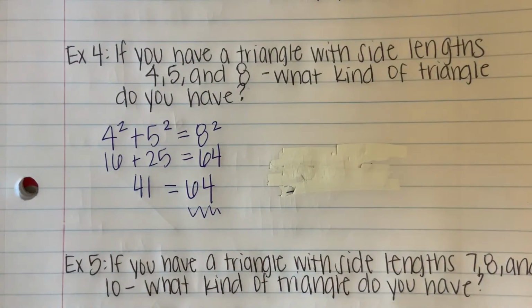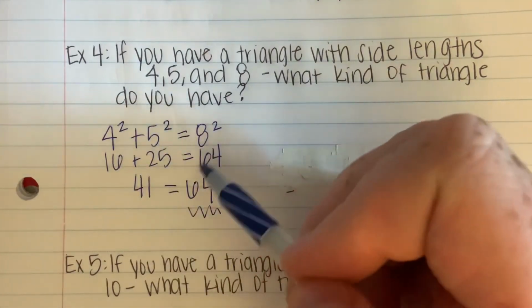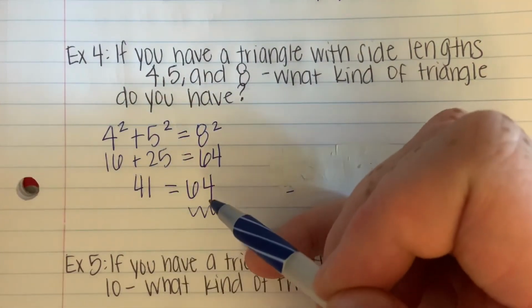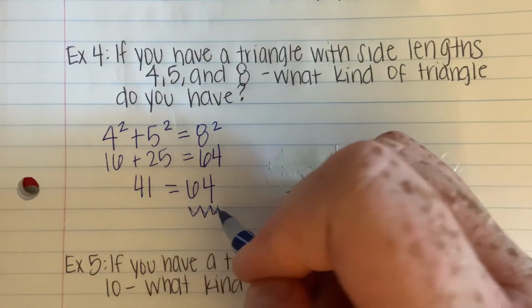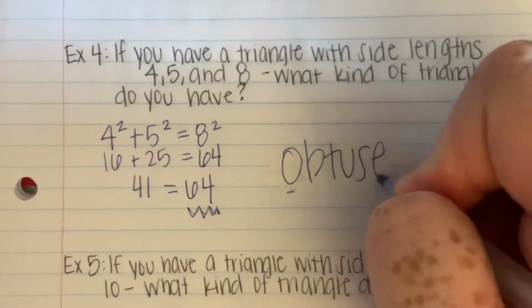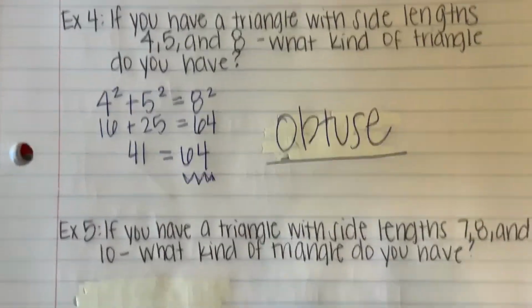Because 41 does not equal 64, obviously, I need to figure out which side is the bigger one. Is it going to be my legs side, or is it going to be the hypotenuse side, the AB side, or the C side? Because it's the C side, this triangle is obtuse. Literally all you have to do for this kind of problem.